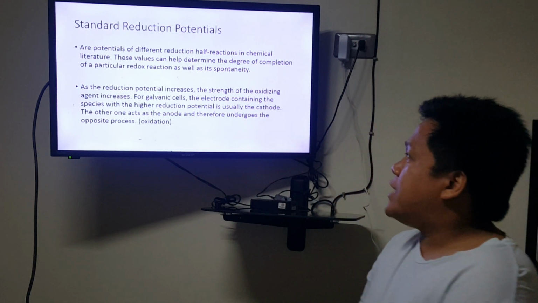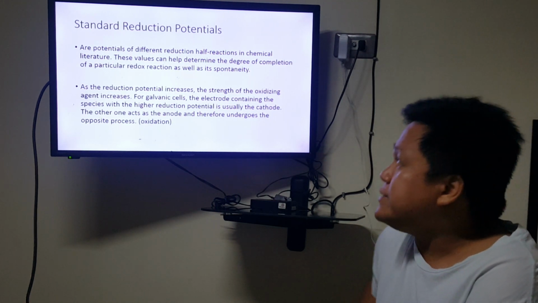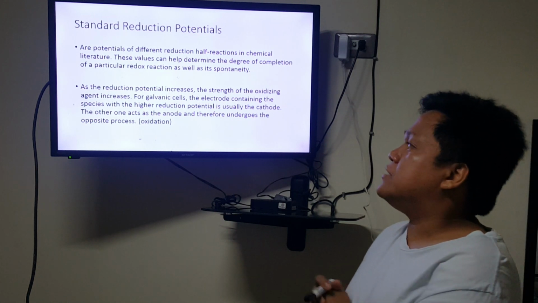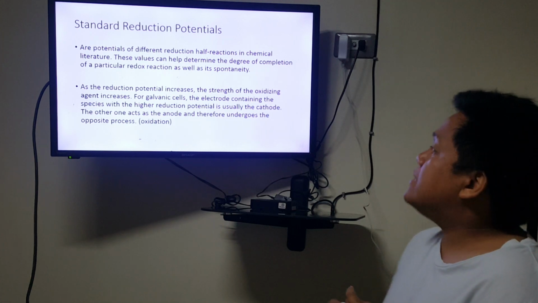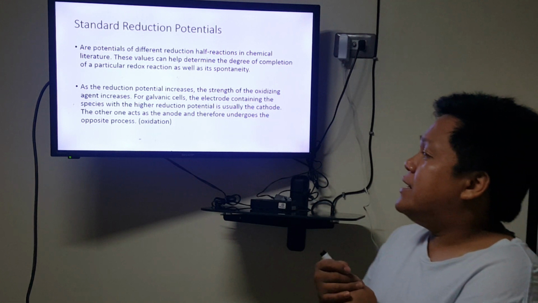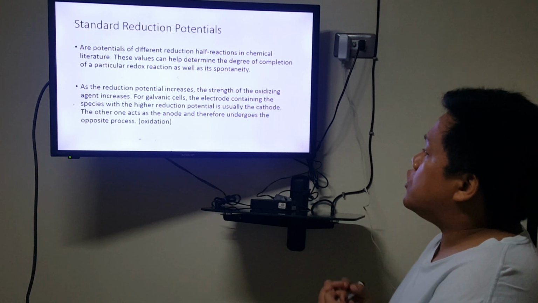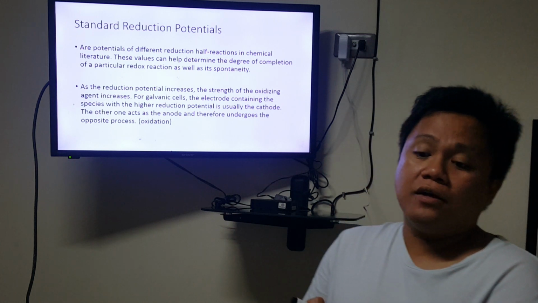As the reduction potential increases, the strength of the oxidizing agent increases. For galvanic cells, the electrode containing the species with a higher reduction potential is usually the cathode. The other acts as the anode and therefore undergoes the opposite process, which is oxidation.